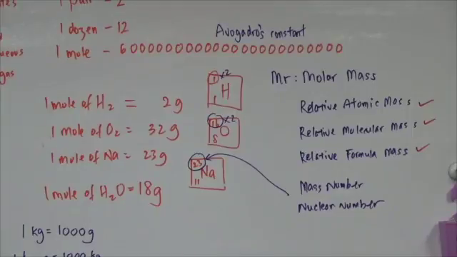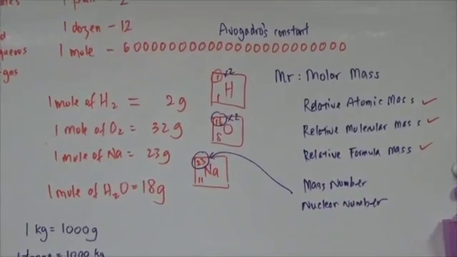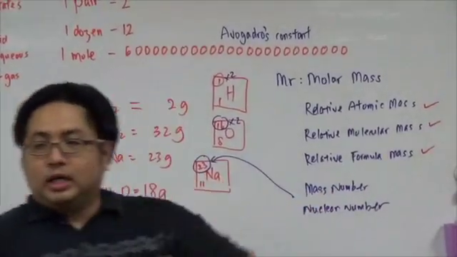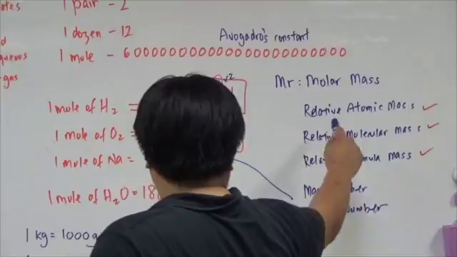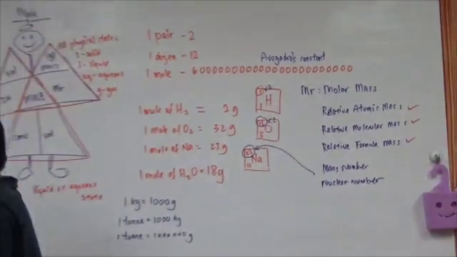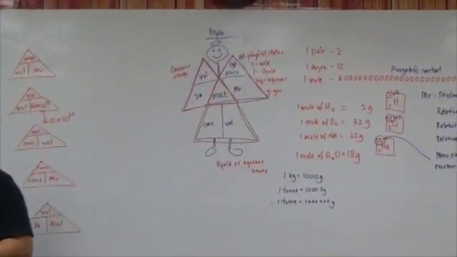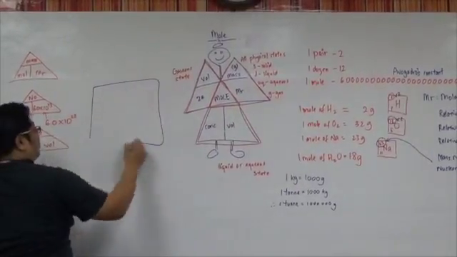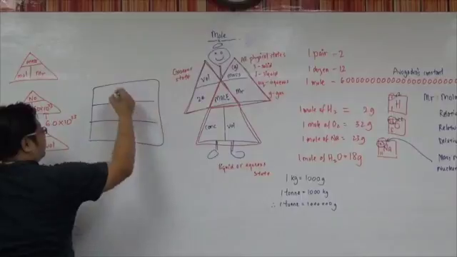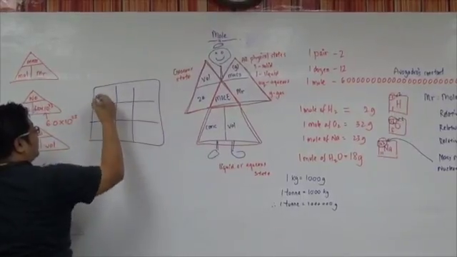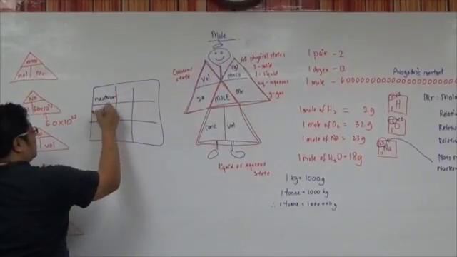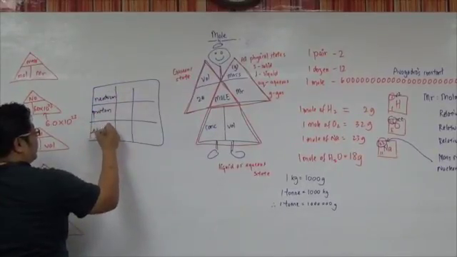Let me tell you a very absurd history of this thing called the relative atomic mass. You all have learned this already when we first started learning atomic structure. If you recall, we learned about how many subatomic particles there are: neutrons, protons, and electrons.